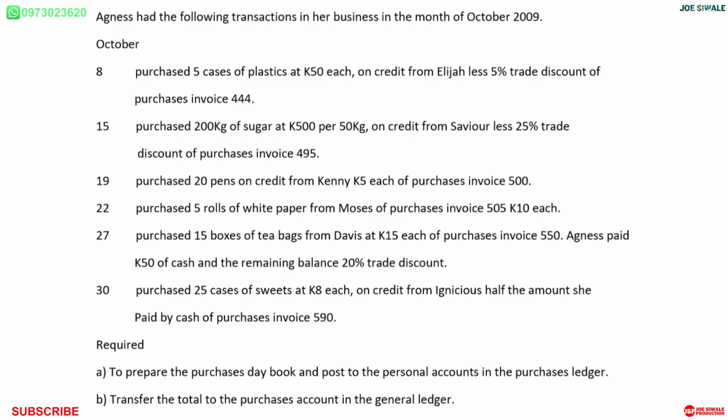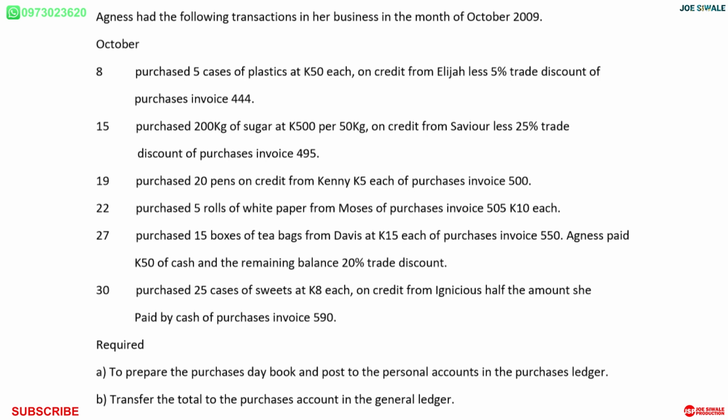The next transaction occurred on the 30th, and it reads: purchased 25 cases of sweets at 8 kwacha each on credit from Ignatius, half the amount she paid by cash, of purchases invoice of 590. So for us to find this, first of all, we're supposed to find our amount, and to find our amount, we're going to say 25 multiplied by 8, and our answer, we're going to have 200.